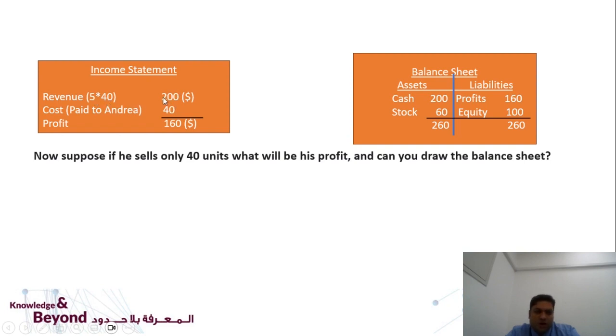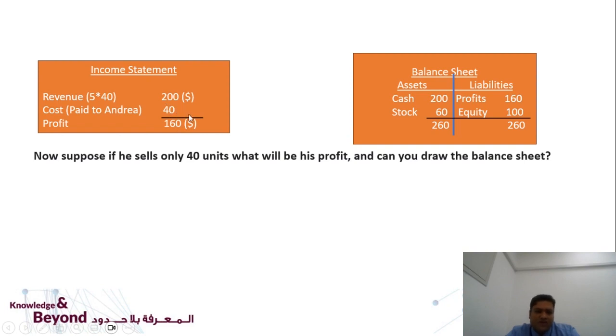So the total revenue of the company is $200. And for each pizza, the cost Andrea is incurring is $40. So this we specifically call expenditure. And the total profit of the company is $160. So the basic principle remains the same: income minus expenditure.